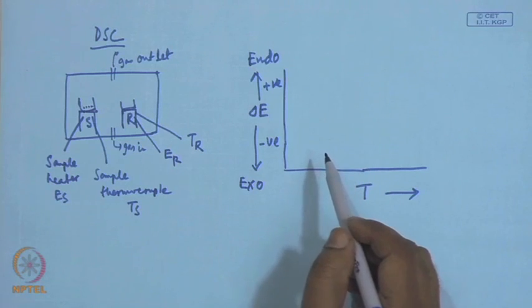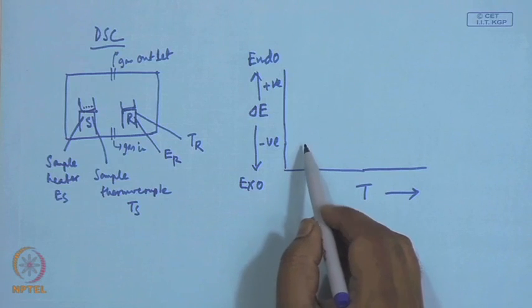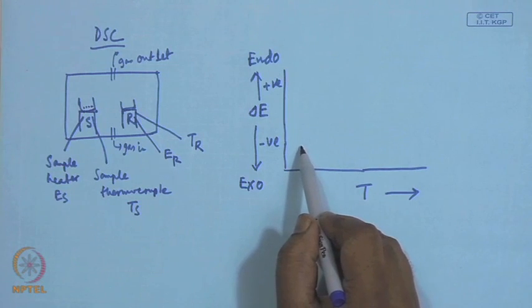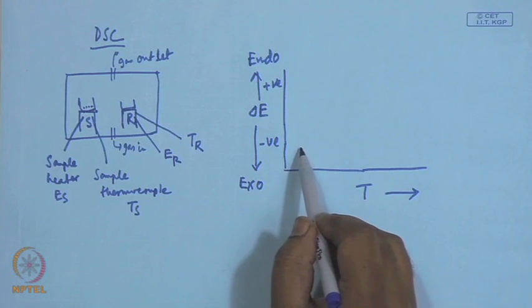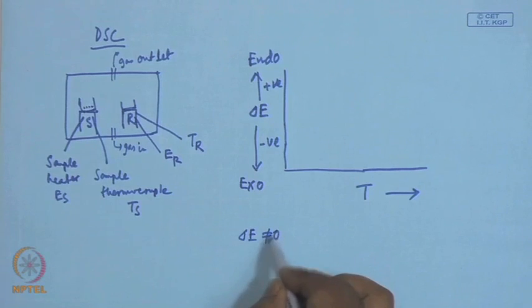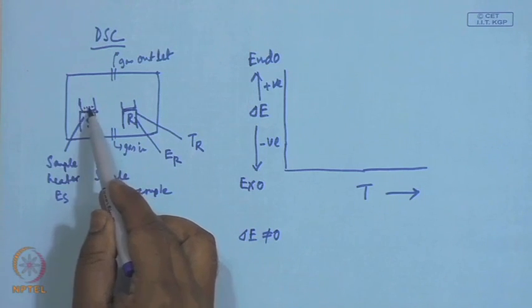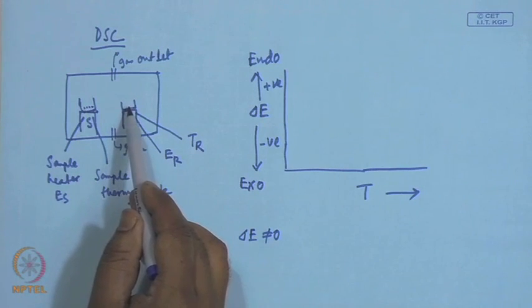If you consider a process, typically delta E is never 0, because there is always a difference in the heat capacity between the sample and the reference.